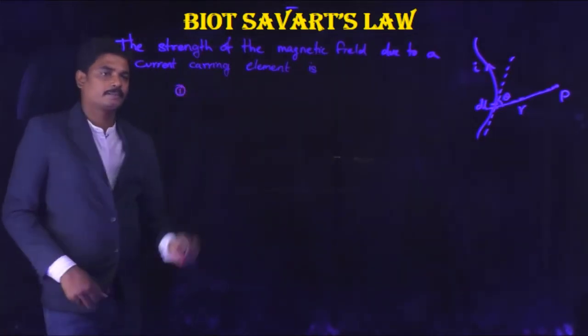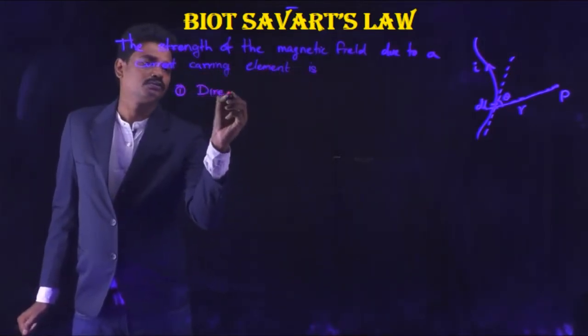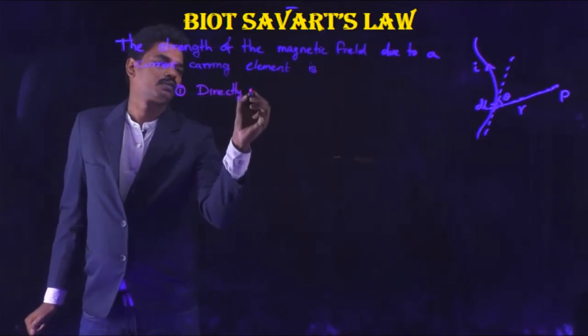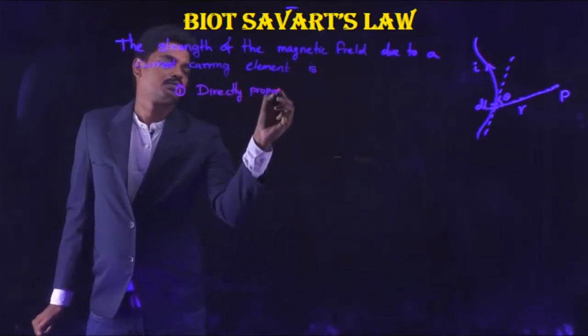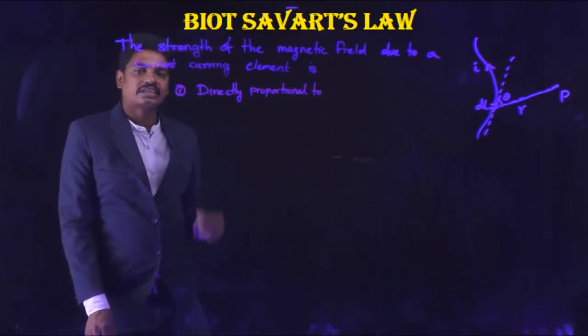The first one: the strength of the magnetic field is directly proportional to the strength of the current.